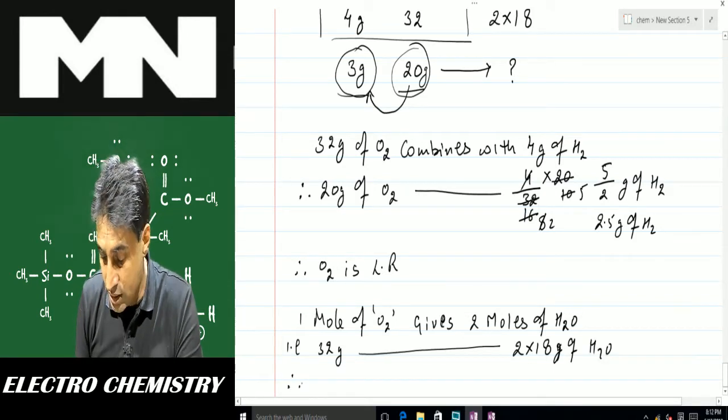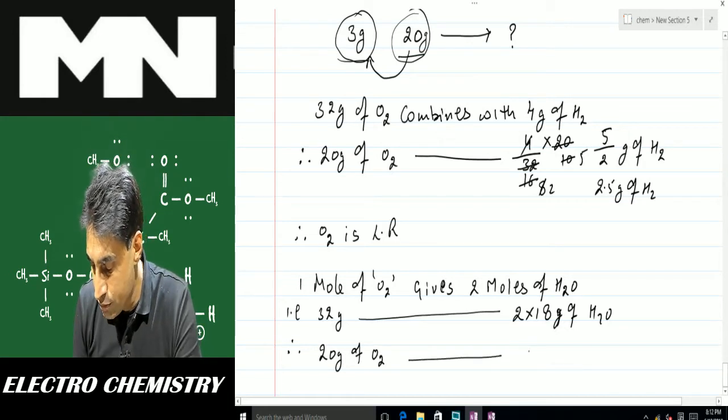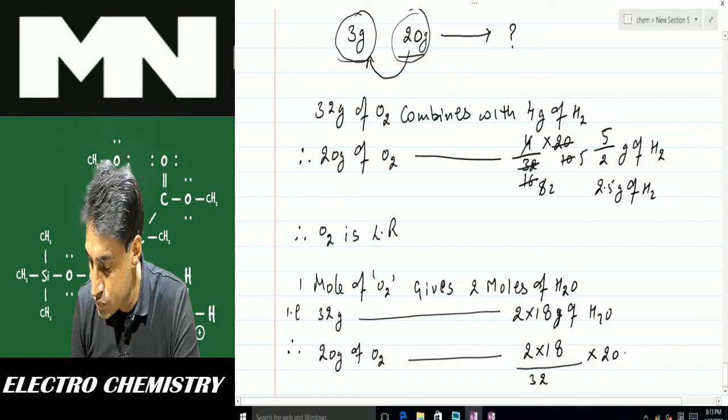Therefore, the mass of oxygen which I have got here is 20 grams. 20 grams of oxygen will give me 2 into 18 upon 32 into 20 grams of water.